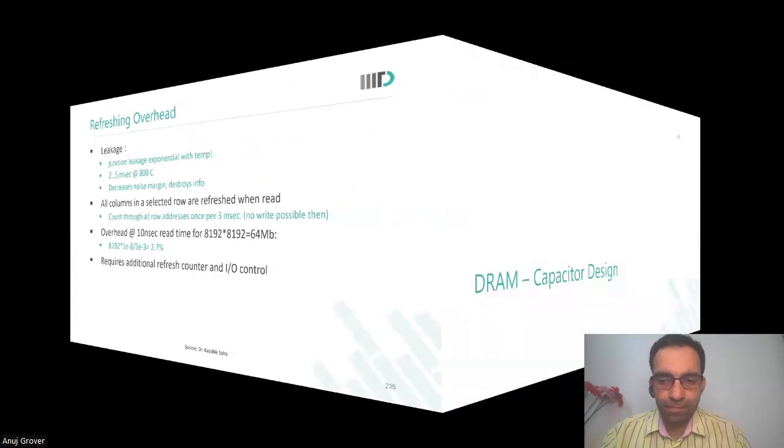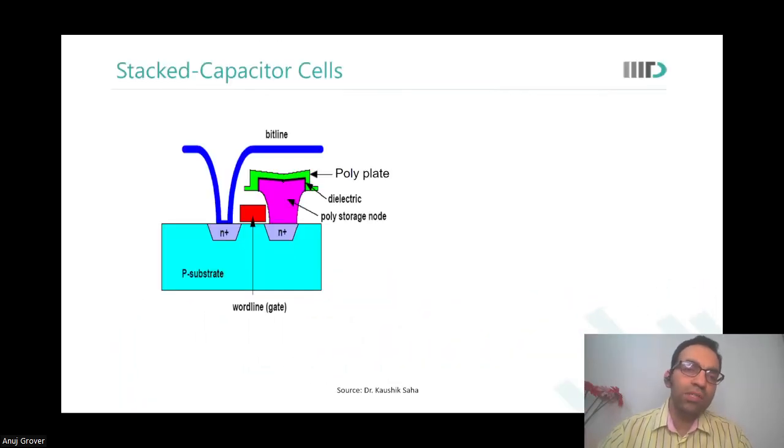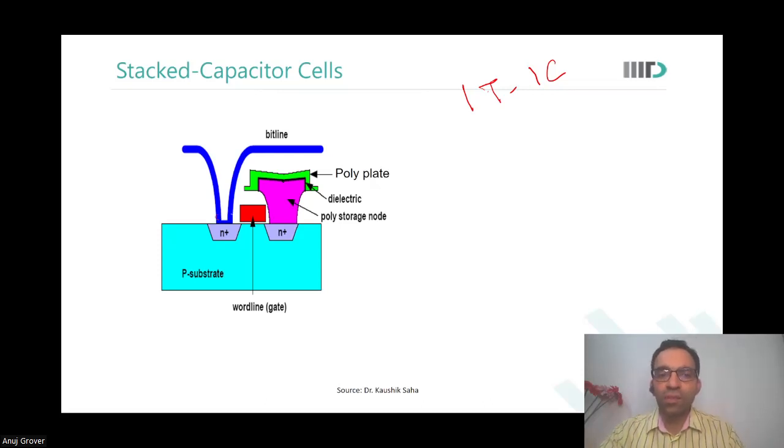Okay. So now we look at how this capacitor is designed. We are saying that there is one transistor and one capacitor in the DRAM cell. How do we make the capacitor? Let's look at this. Over here, the word line is running in the polysilicon, so the word line is taken care of. The bit line connects to one terminal of the NMOS, either source or drain, and the other side has to have a capacitor.